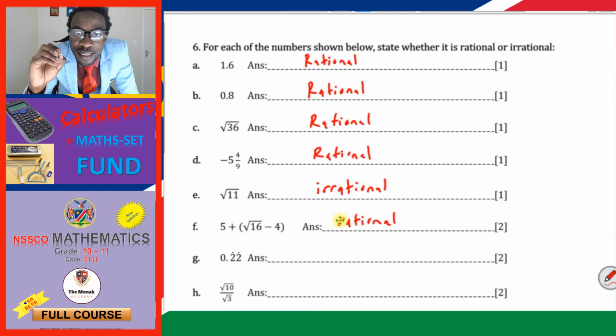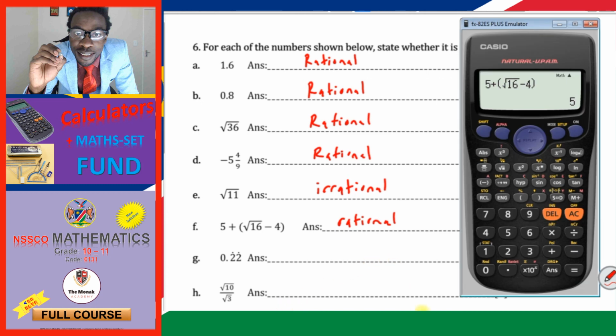0.22 with dots on top simply means 2 is repeating itself. So that is also a rational number. Whenever we have a dot, it means that number is repeating. So it means it's 0.22, 22, 22, 22, going on like that.